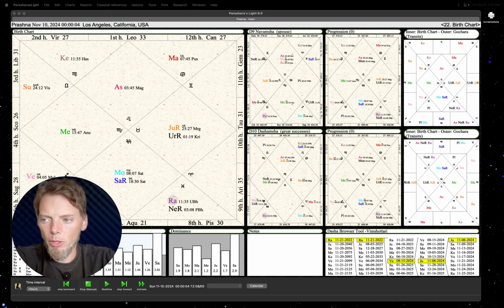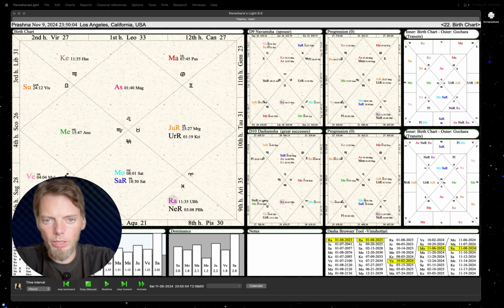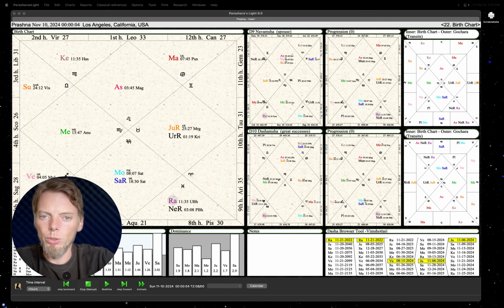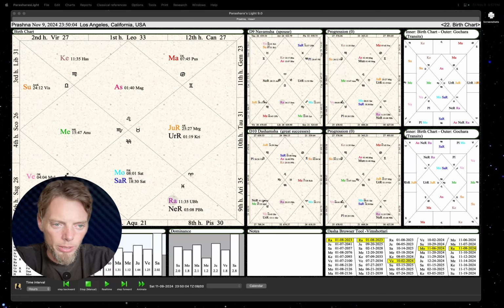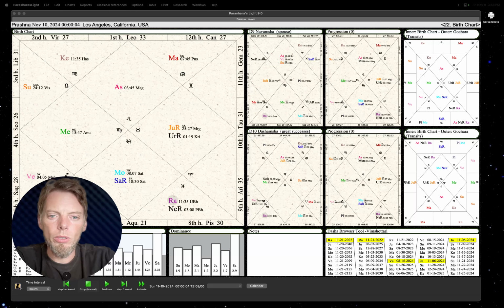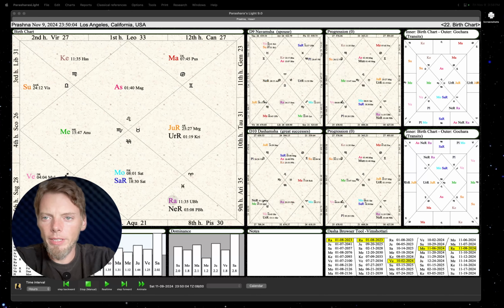And if I just go back and forth between these 10-minute windows, not too much changes. The D9 changes there. They go from an Aries ascendant in the D9 to a Taurus ascendant in the D9. Nothing changes in the transits there in the 10-minute window. So that's the last thing I would refine here.